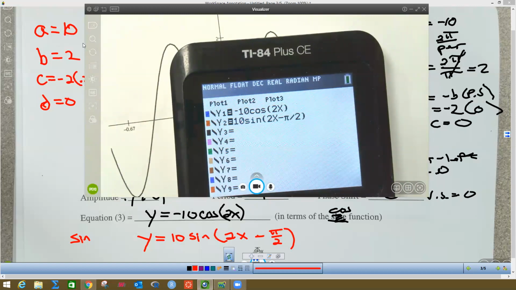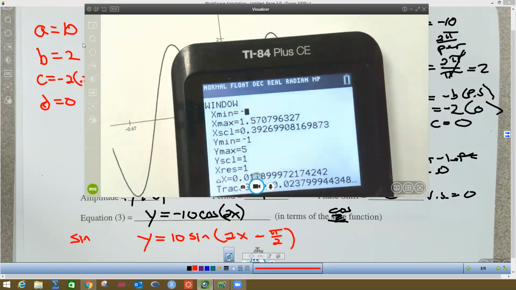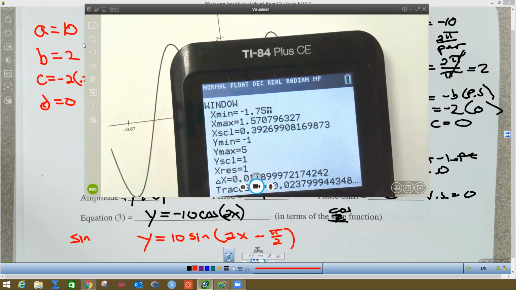On the graph, the farthest left x value says -1.75 pi, and my farthest right side is 1.75 pi.